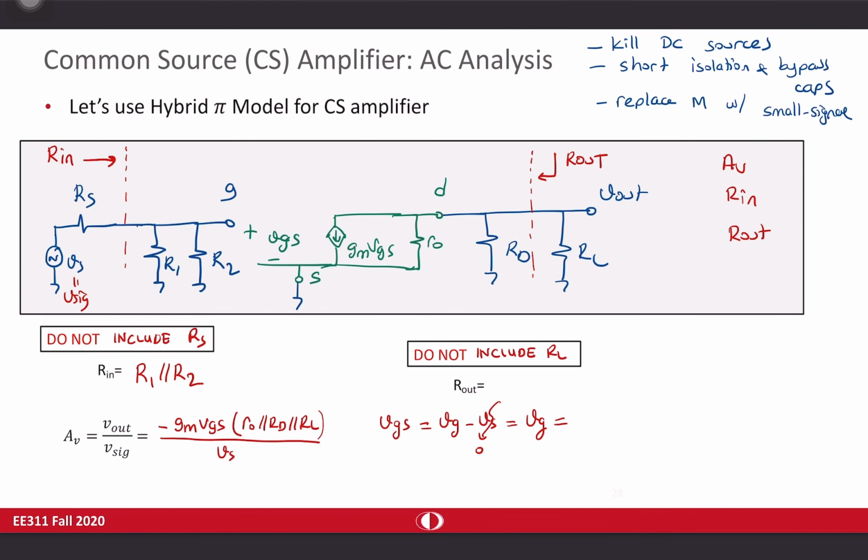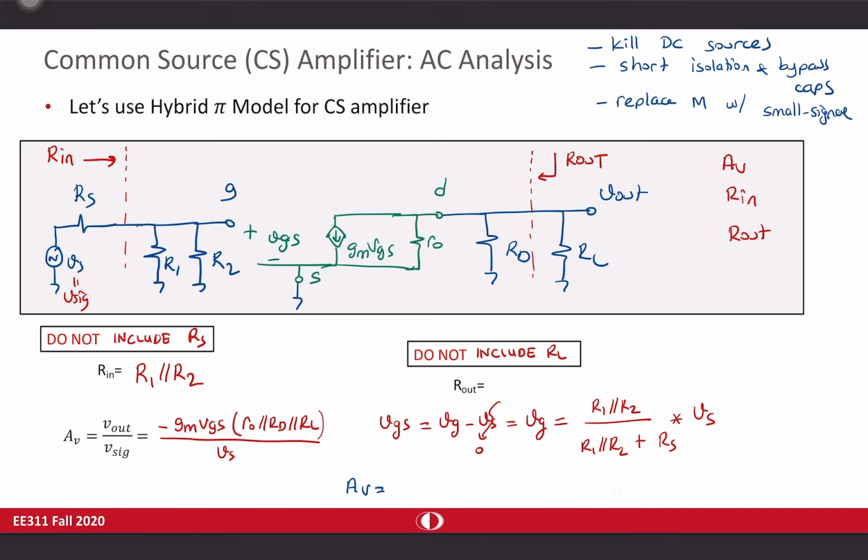And this will be equal to R1 in parallel with R2 divided by R1 in parallel with R2 plus Rs times Vs. So when you put this expression back in here, Vs will simplify, and we will end up with this final expression.